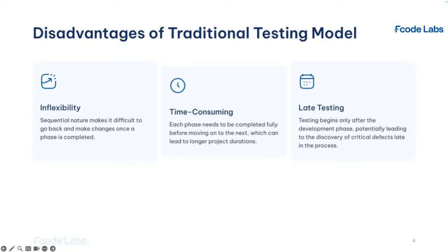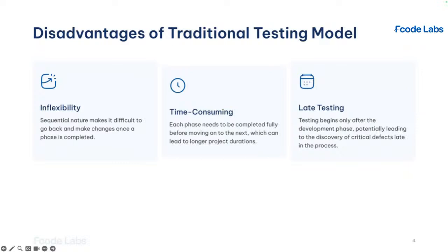And the biggest disadvantage is late testing. Testing begins only after the development phase. So developers might have made a lot of mistakes during their development. Developers are also humans, and there could be many bugs that were introduced during the development phase.